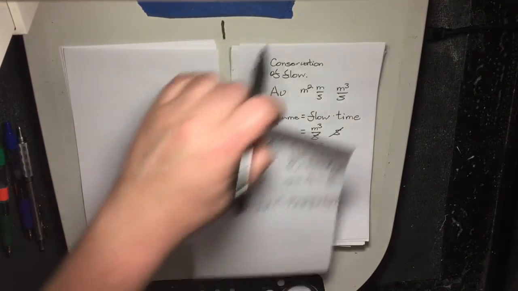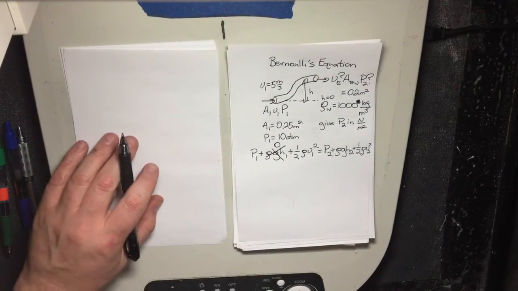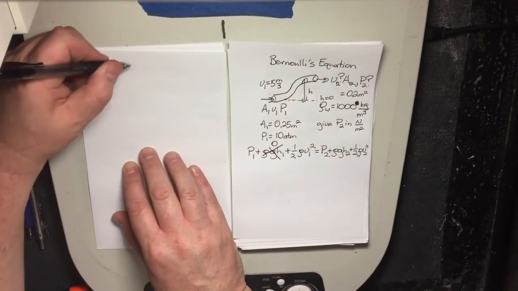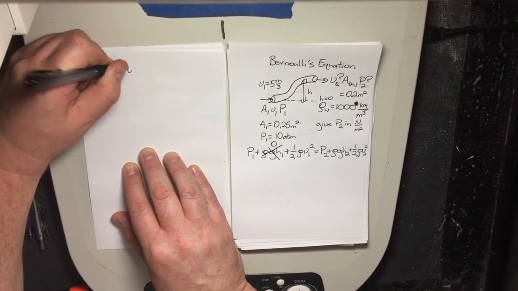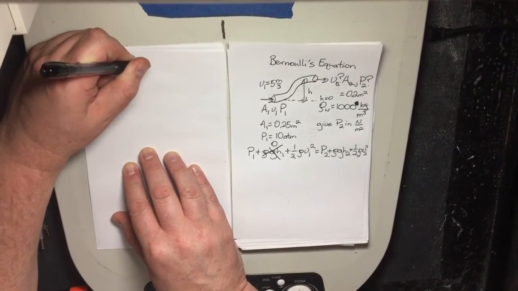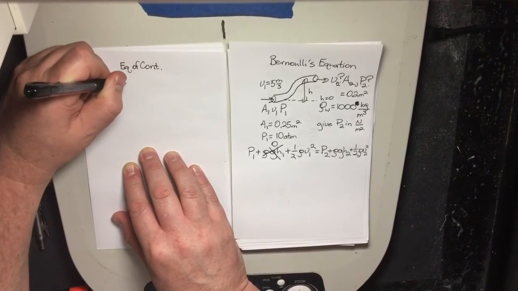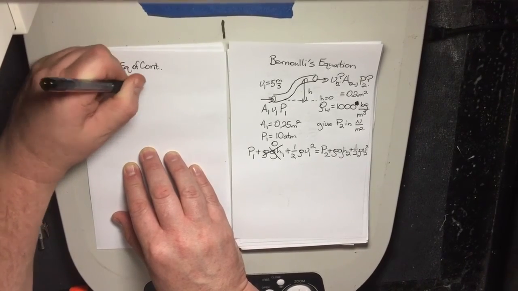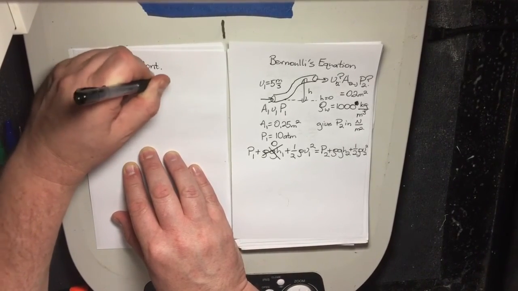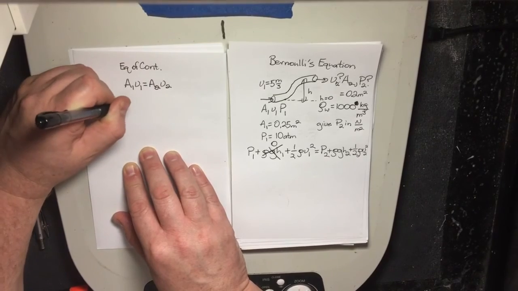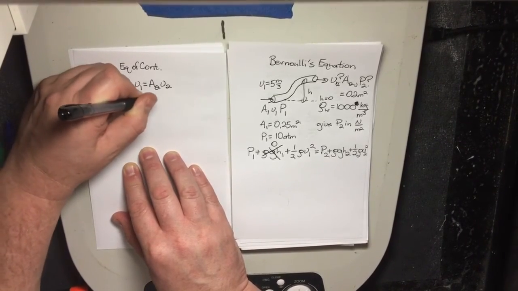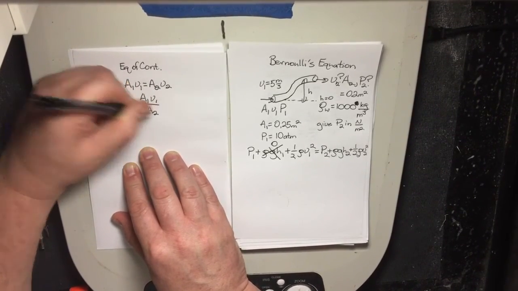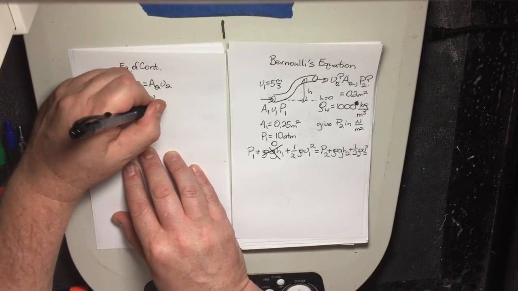With stuff like this, you've got to use the equation of continuity, that A1 V1 is equal to A2 V2. So V2 is equal to A1 V1 over A2.